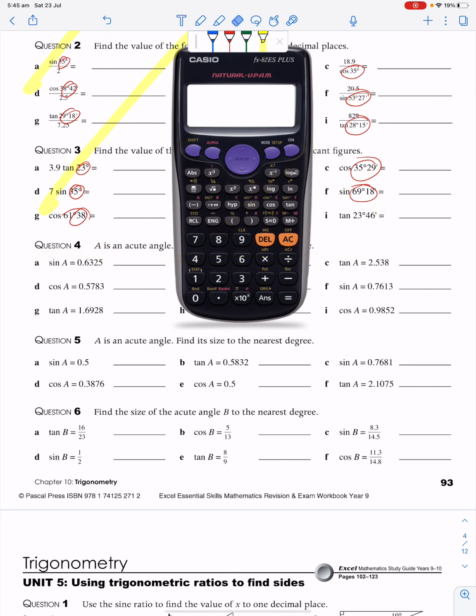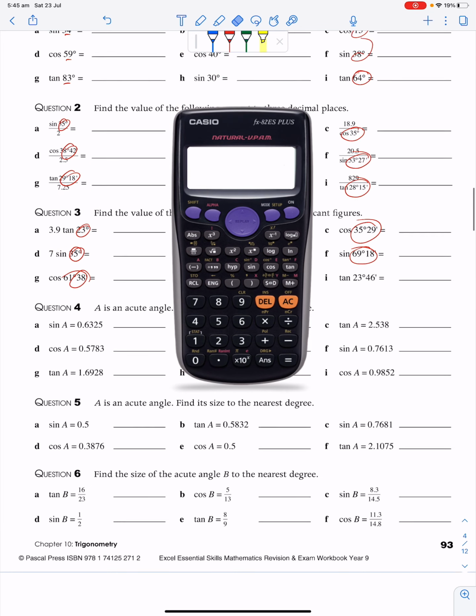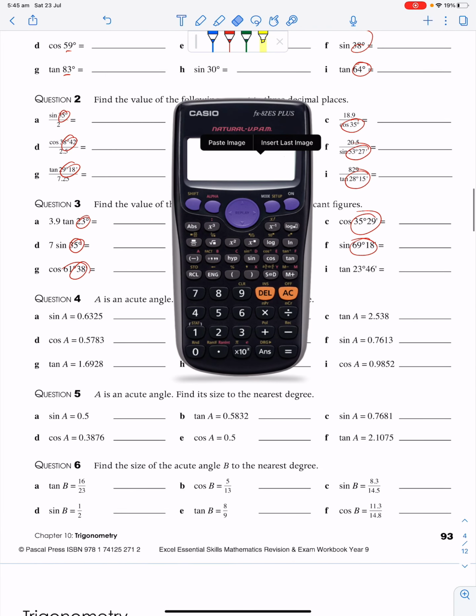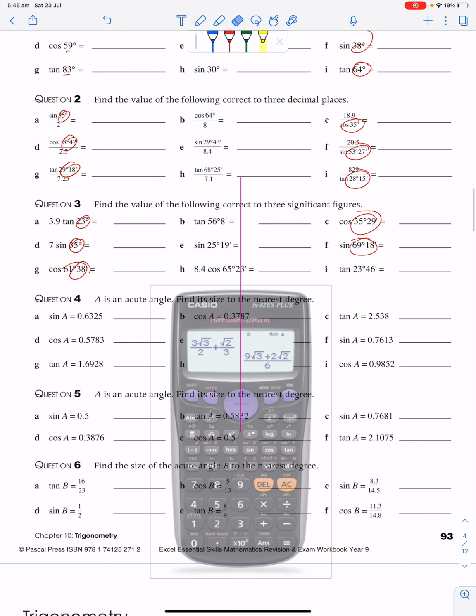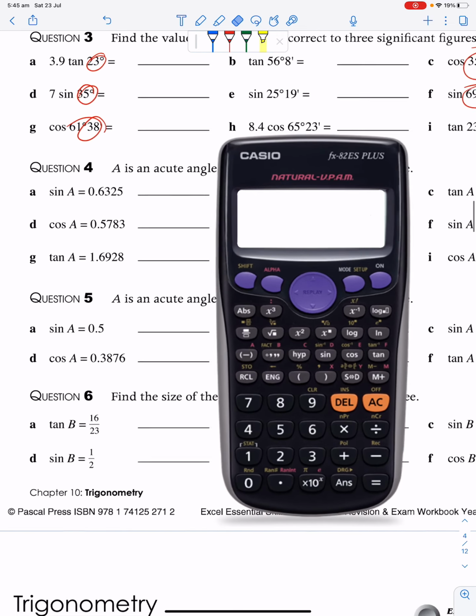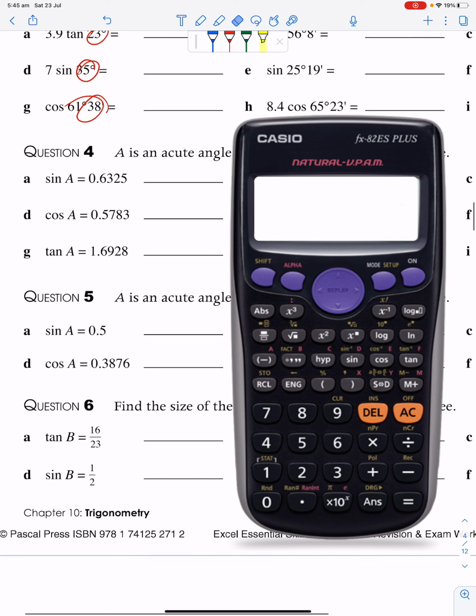Alright, but if you look at question 4, 5 and 6, the angles are missing. Okay, in 4, 5 and 6, if you have a look, I'm just going to move my calculator down so I've got it in the right place. If you have a look at these questions, your angles are all missing. So you're given this, but the angle's missing. So what do you do? Well, to find the angle here, you've got to press, this is the working, shift sine of the number on the right hand side.